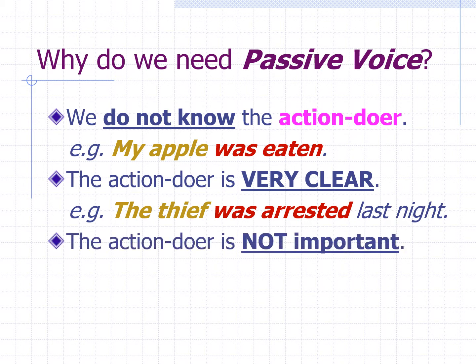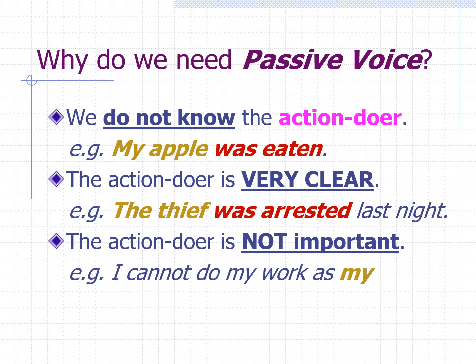Okay, and then in the third situation, the action doer is not important. All right, for example, you failed to submit your homework to me, and then the next morning you came up to me and tell me, oh, sorry, Miss Lee, I cannot do my homework because my notebook was stolen. All right, now in this situation, it is not important who stole your notebook.